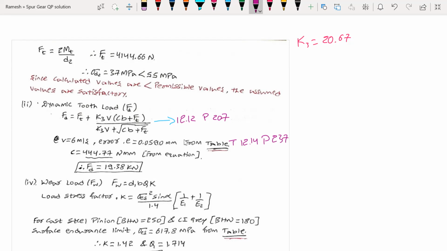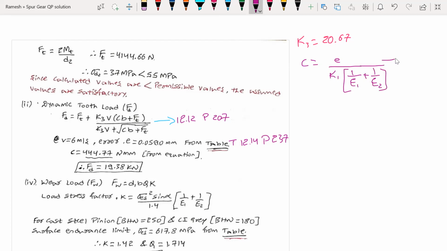Once we note down the error, next we need to calculate the dynamic factor. The C you are seeing is nothing but the dynamic factor. To calculate it, we have a formula: C is equal to E divided by K1 into the bracket 1 divided by E1 plus 1 divided by E2.